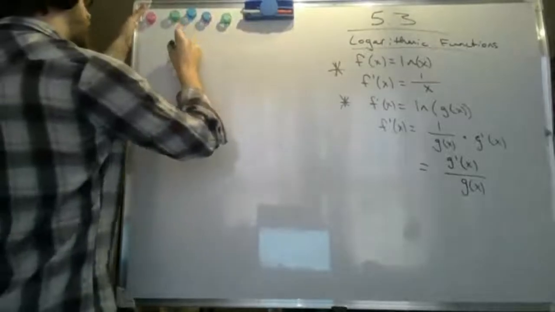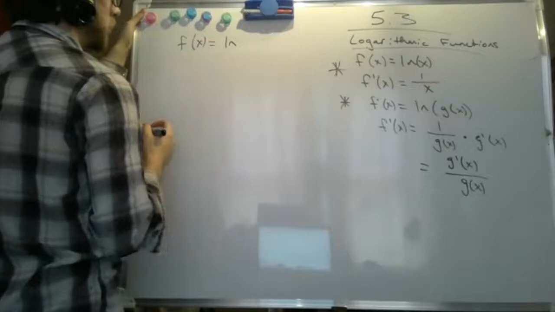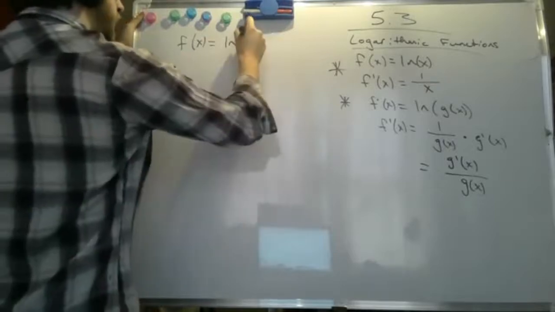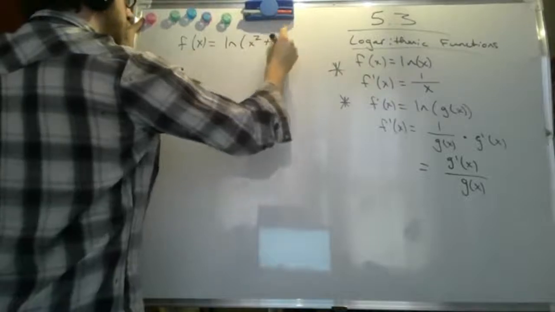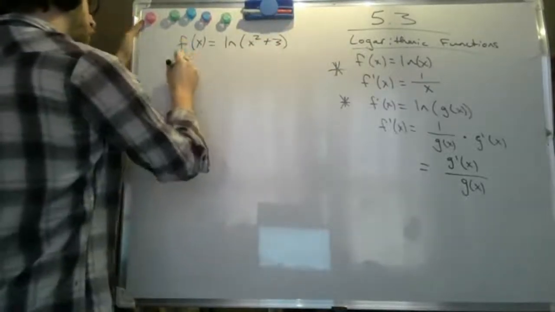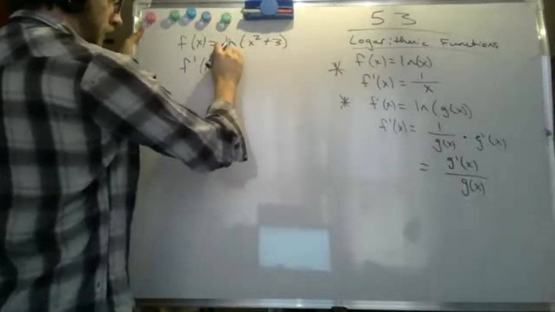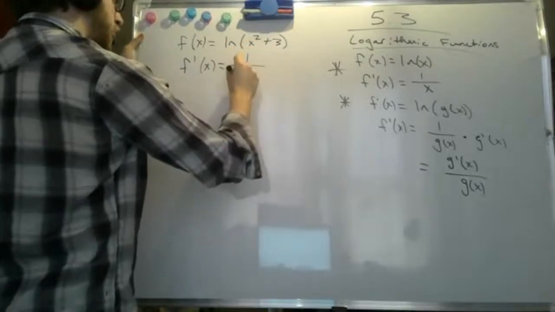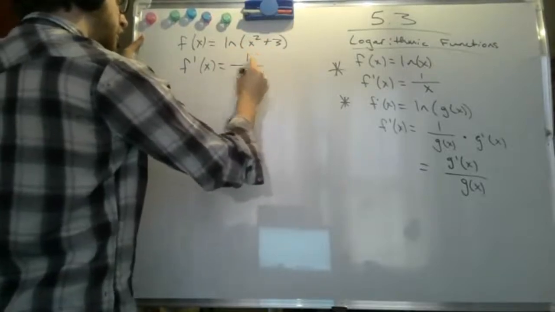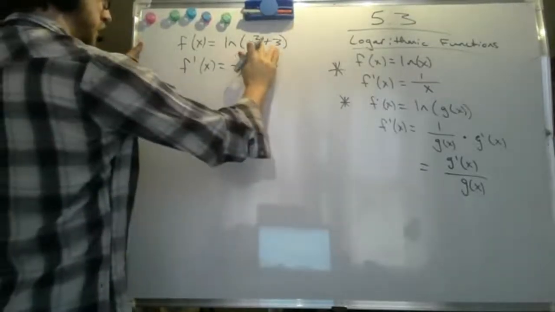A simple example of that: if we have f of x is equal to the natural log of, let's say, x squared plus 3, then what would the derivative be? Well, according to the chain rule, we take the derivative of the outside part, so it'd be 1 divided by the inside part, but we leave it alone at first, so x squared plus 3, and then we multiply it by the derivative of the inside part.